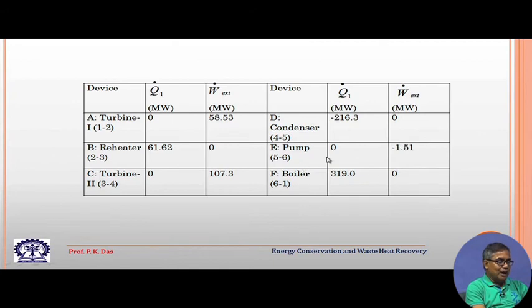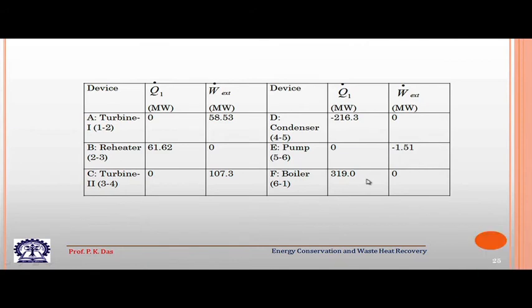Then we go to the pump, 5 to 6, again a reversible adiabatic device, and heat transfer is equal to 0, and the pump is consuming work for pressurizing the liquid, and it is minus 1.51 because work is absorbed.